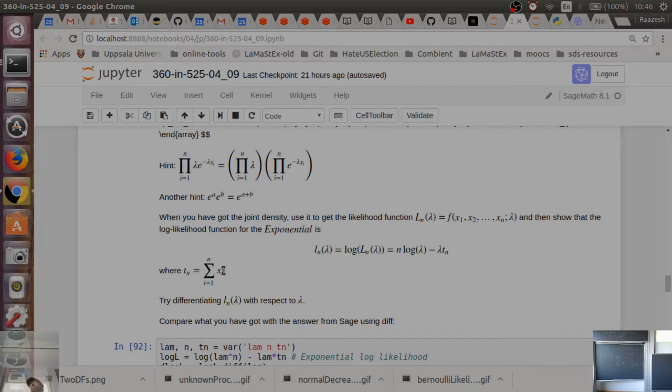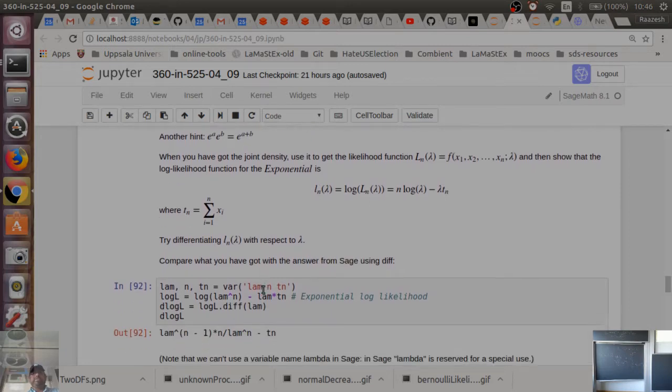This is just the sum of the samples, and these are not 0s and 1s; these are actual exponential realizations.